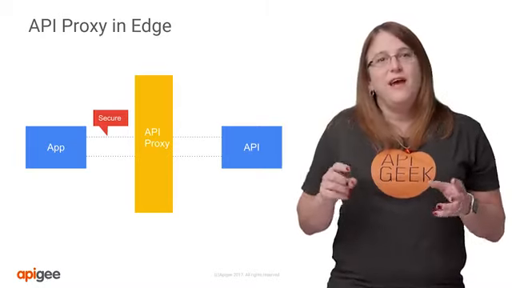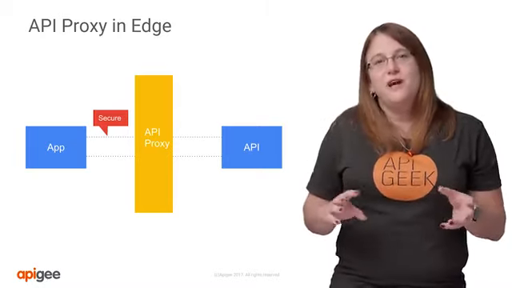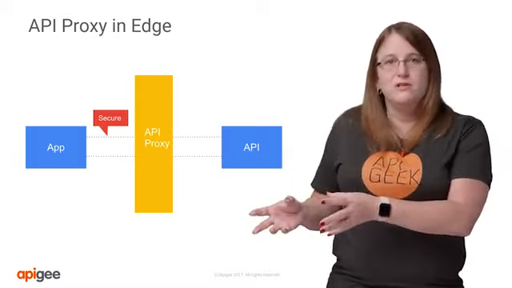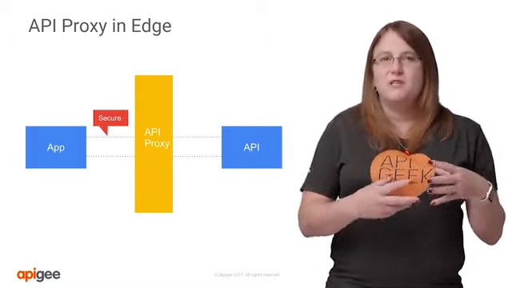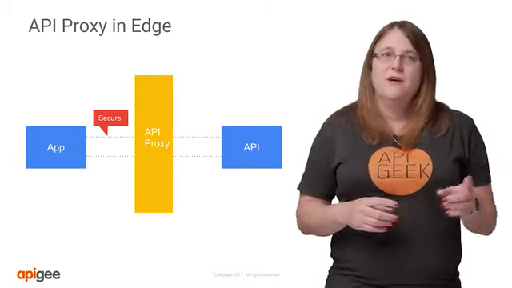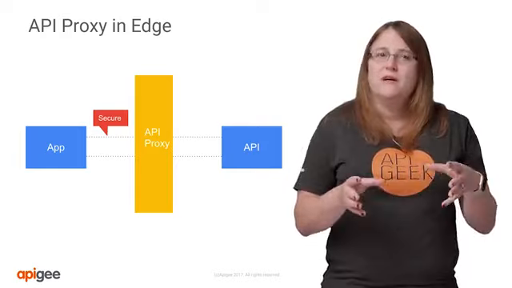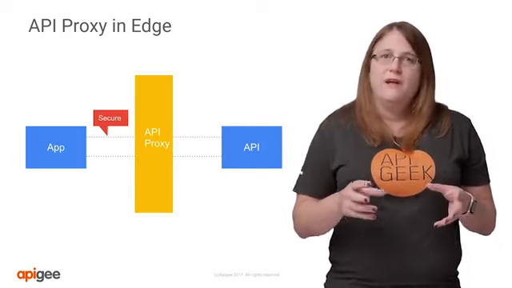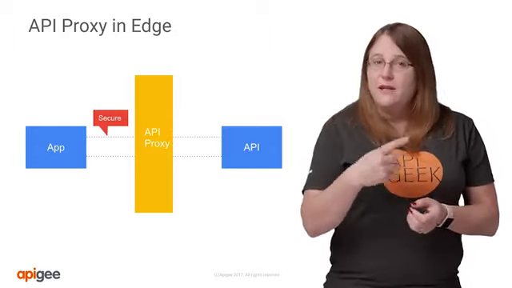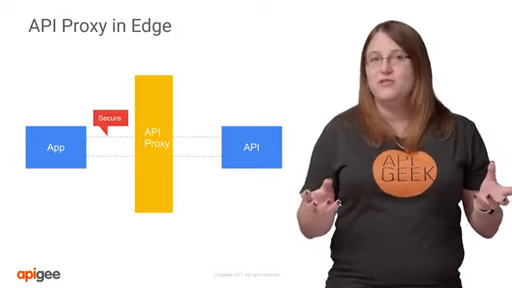In this way, the API proxy also decouples the app from your backend, meaning if your backend changes, but you keep your API proxy the same, the application is unaware of the changes. The API proxy creates an abstraction layer that allows you to reduce complexity, add security, and gain insight into how your data is being used.